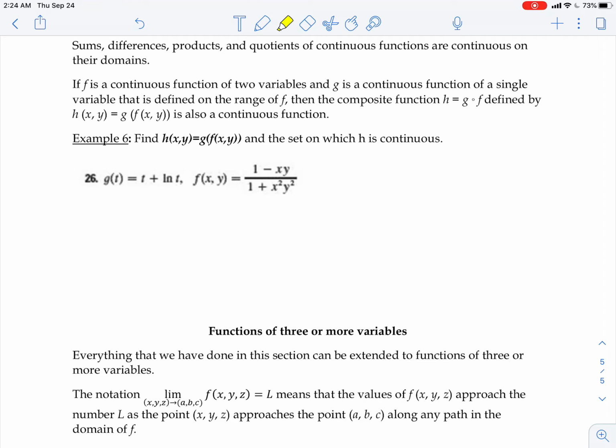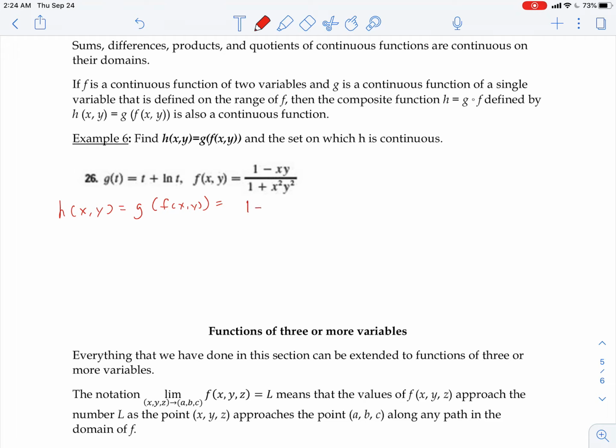So here we have g(t) = t + ln t, and then f(x, y). So h(x, y) is equal to g(f(x, y)). Basically, we're going to substitute f wherever there's a t in g.